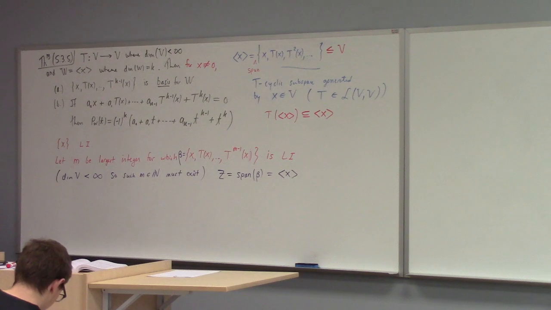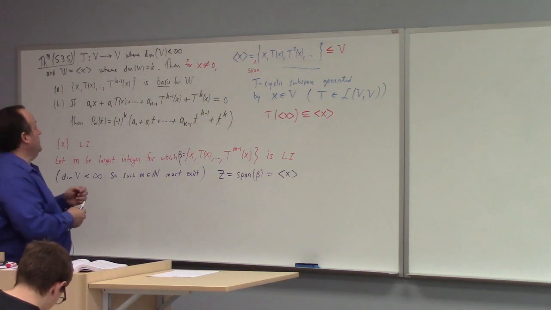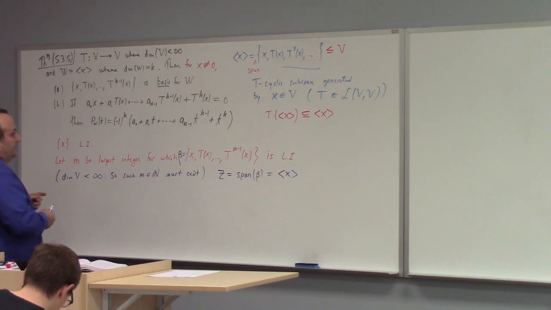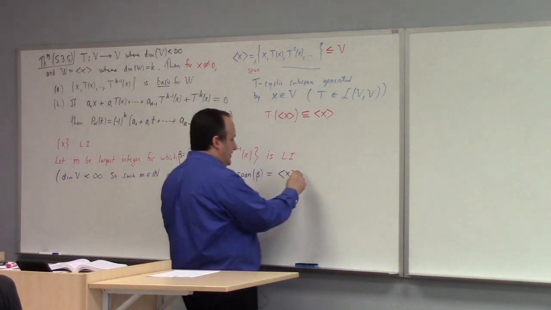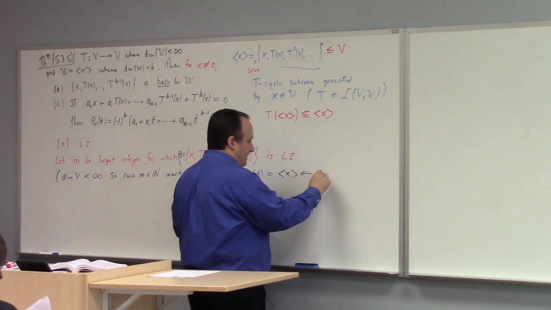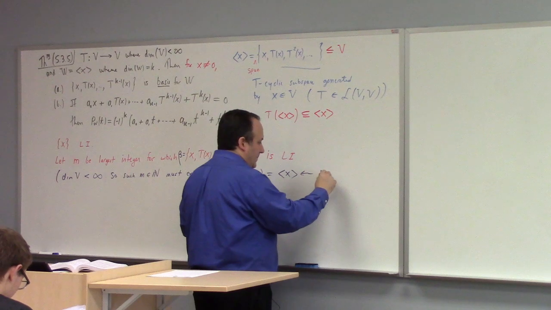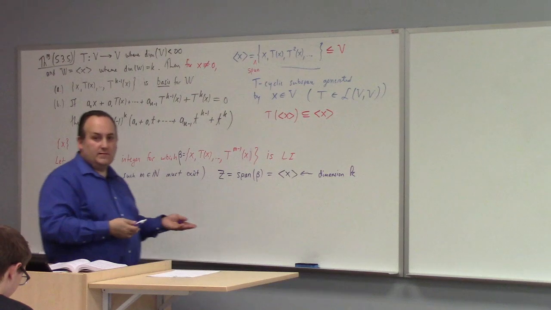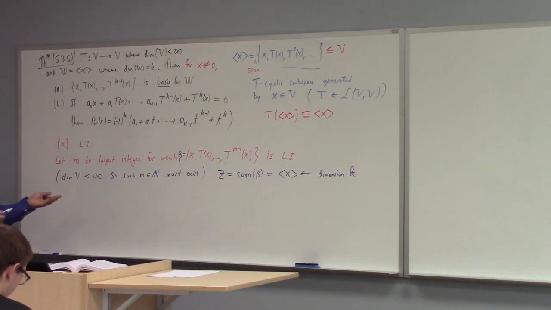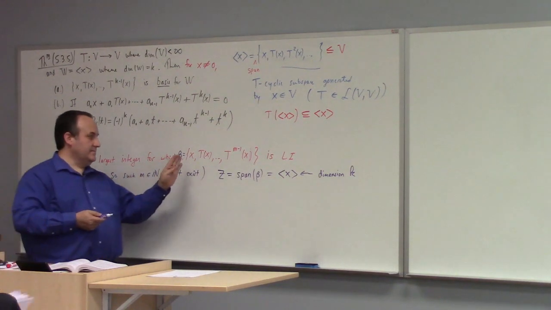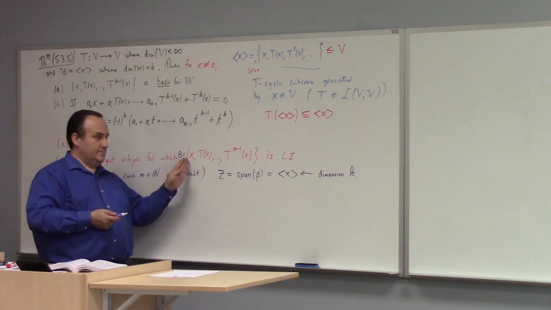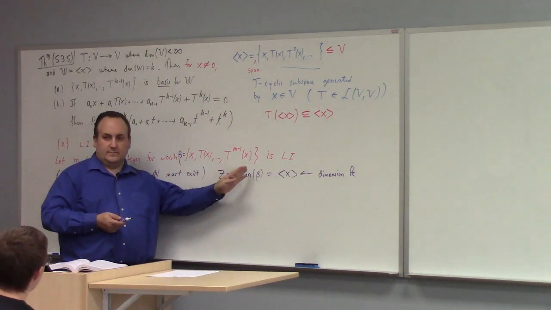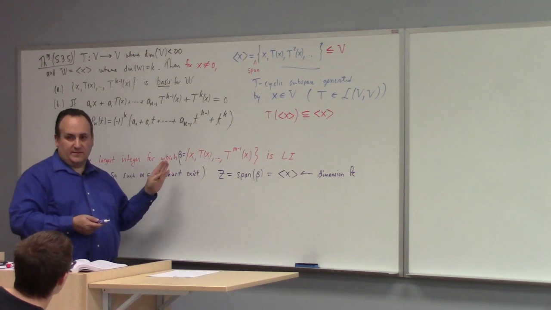Right? And since you know that this is equal, this is dimension K, right? Since we're given that this is dimension K, then how many vectors are here? There have to be K vectors there, right?